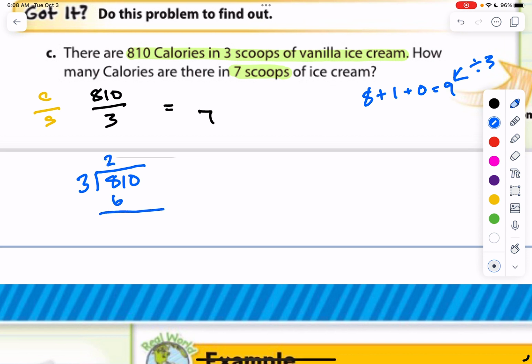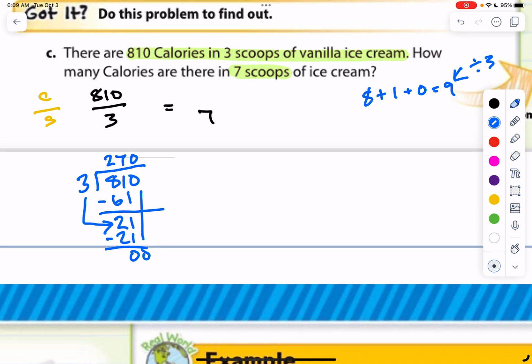That's 6. Subtract. 8 minus 6 is 2. Bring down the 1. 3 goes into 21 7 times. That's 21. Subtract 0. Bring down the 0. 3 goes into 0 0 times. So 810 divided by 3 is 270.